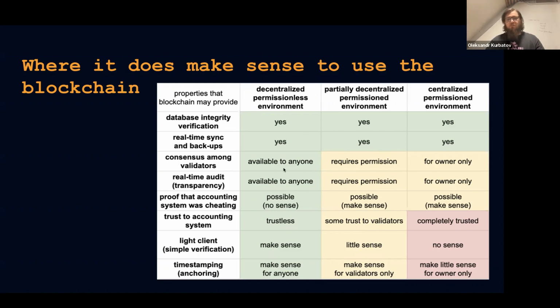In Bitcoin, in Ethereum, or other really decentralized protocols, validators will reject your transaction if it wasn't correct, or if it, for example, spends money that doesn't exist, or calls a method of a smart contract that doesn't exist, etc. But in a centralized permissioned environment, there can be some transaction that was rejected by the validator, or another example, this transaction was accepted by the validator, but later it's obvious that it was incorrect.